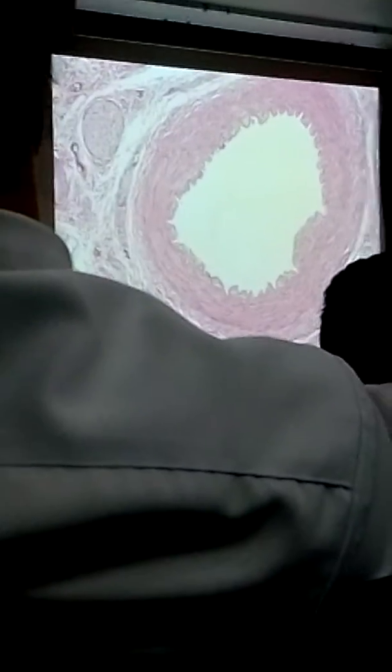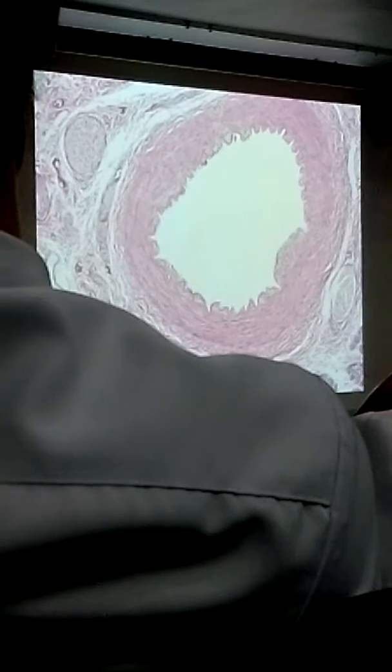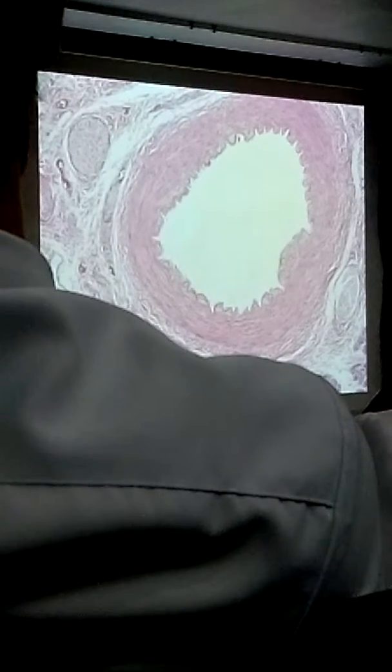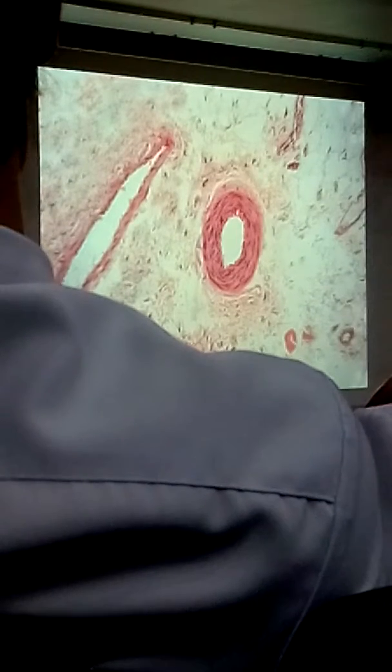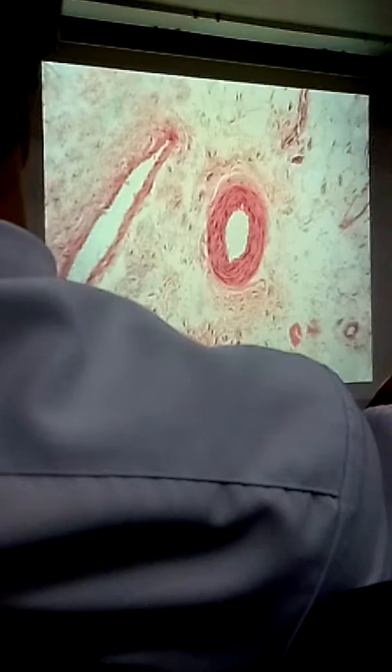So for the small arteries, usually it is about 0.1 to 2 millimeters in size, and it contains 8 to 10 layers of smooth muscle. So what is this? Identify the structure.